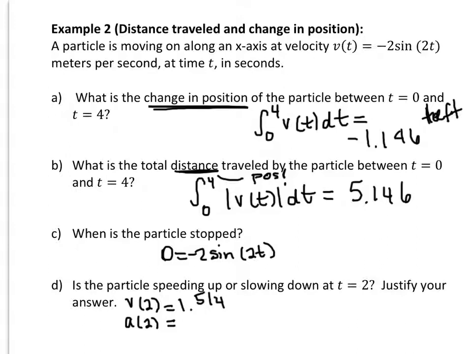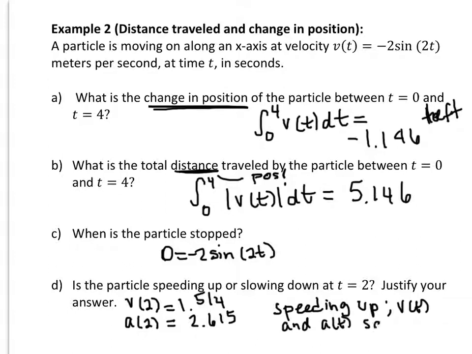The acceleration at 2, again using my calculator, is 2.615. And so I think the object is speeding up since both velocity and acceleration are negative. I'm sorry, or positive. V of t and a of t have the same sign.